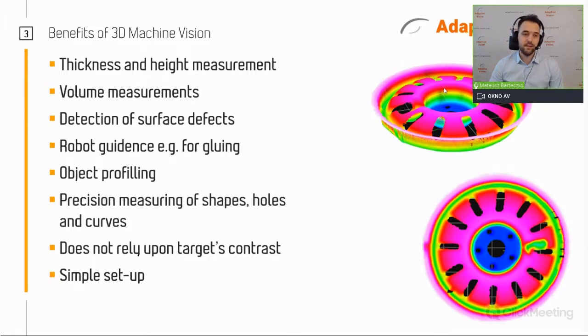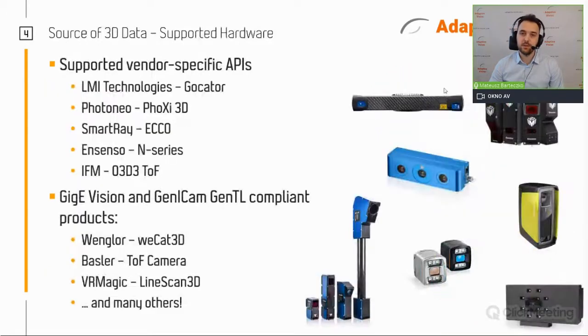There are many 3D scanners available that you just need to plug in, use a filter, a function for data acquisition that is available in Adaptive Vision Studio. And that's it.